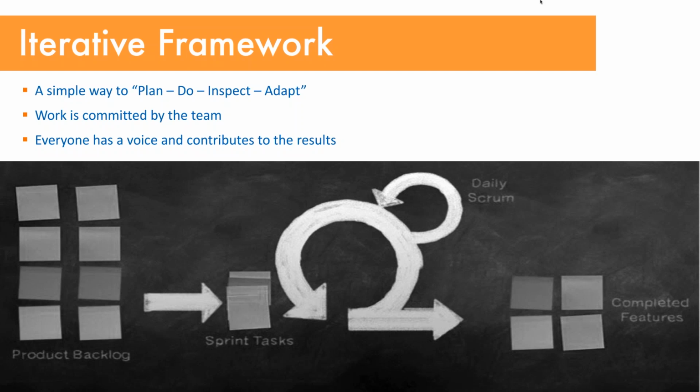All the work is committed by the team, and it's not dictated by management or leadership. And everyone has a voice and contributes to the result. So when you think of it, the very first thing that the teams are involved with is they plan and prioritize. You may have a product owner who really represents the customer that comes with a prioritized backlog with work that helps the organization achieve some specific goal.